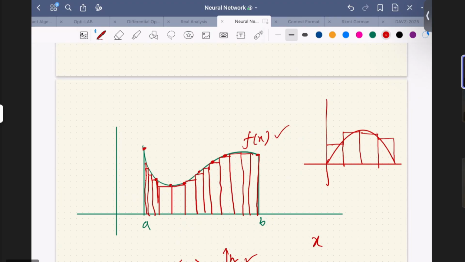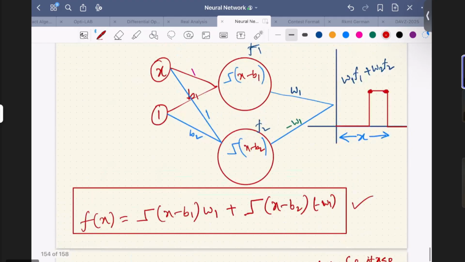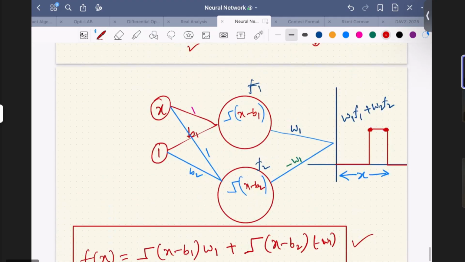The four rectangles come like this. How do I produce these 4 rectangles to approximate that curve with the same approach?